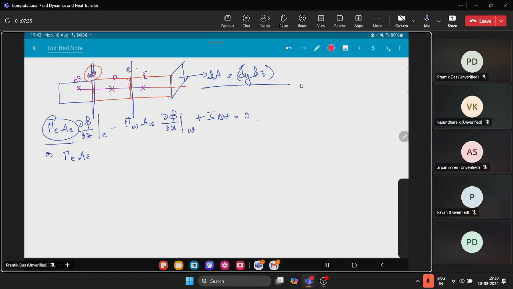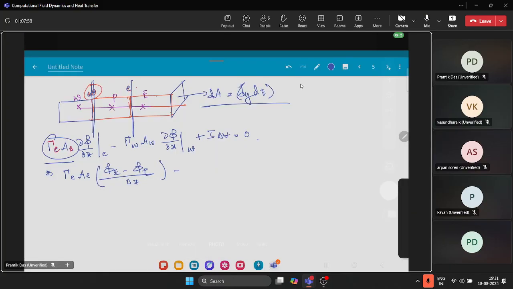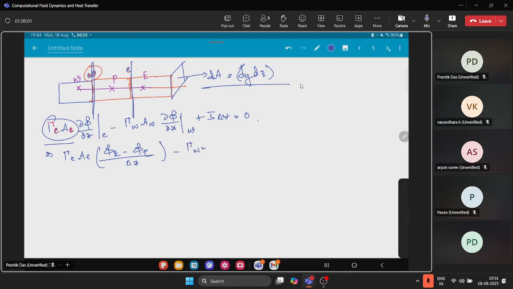If it is a spatially varying area or diffusivity, then the small subscripts e and w become handy. That complexity we are not discussing as of now. So this becomes phi_E minus phi_P divided by delta x, the distance between them, and phi_P minus phi_W divided by delta x_WP.